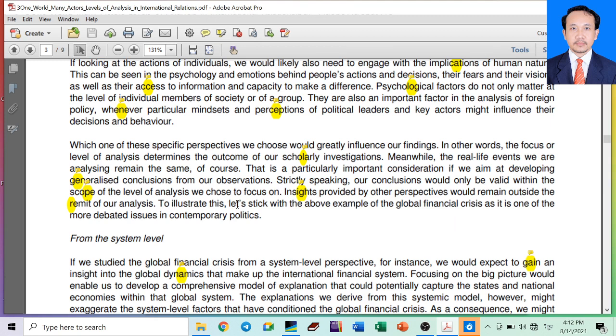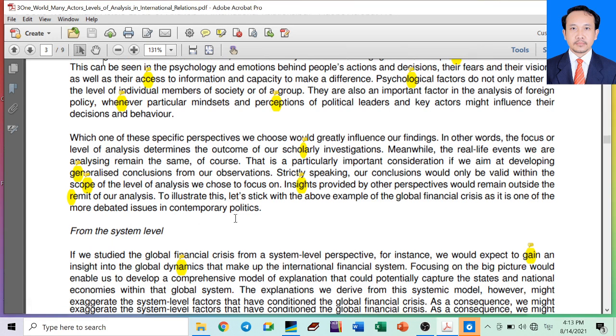To illustrate this, let's stick with the above example of the global financial crisis, as it is one of the more debated issues in contemporary politics.